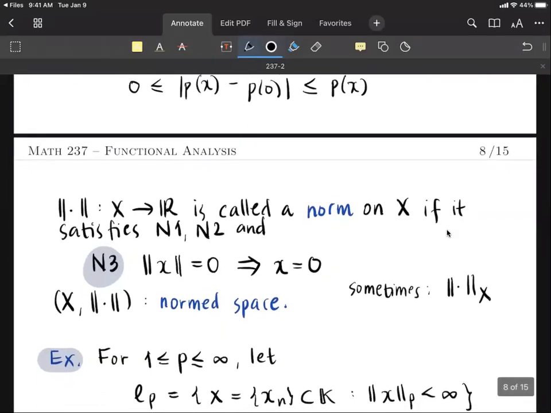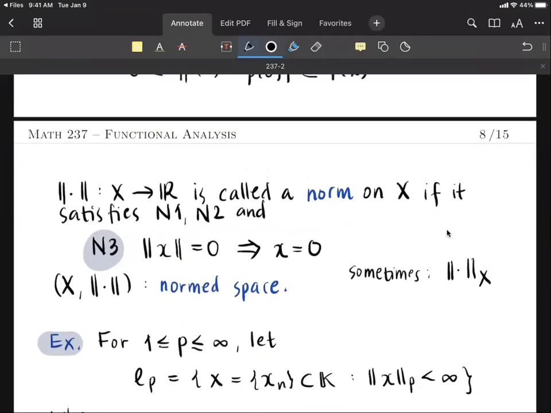So as an example, for p greater than or equal to 1 and less than or equal to infinity, we consider the so-called little LP spaces. And I think I'll use the exponent notation.